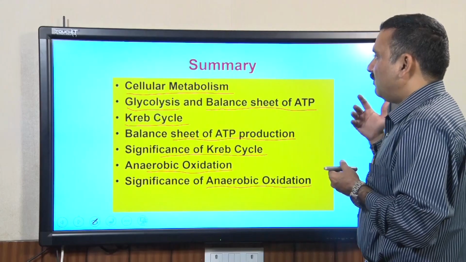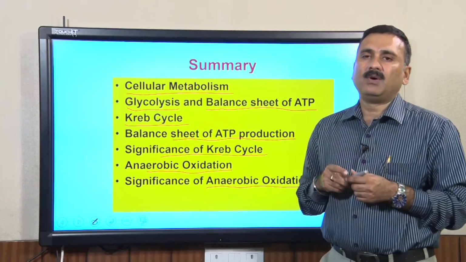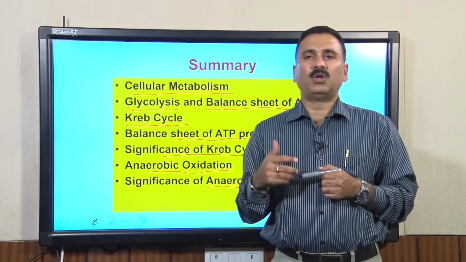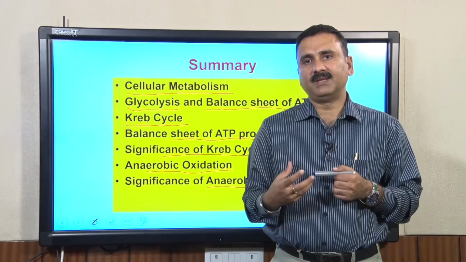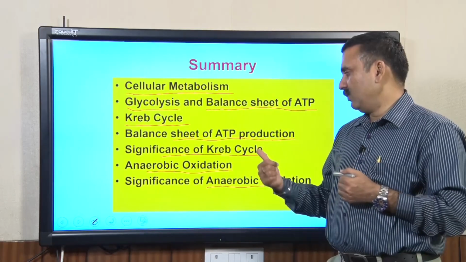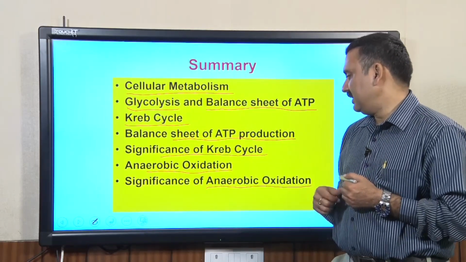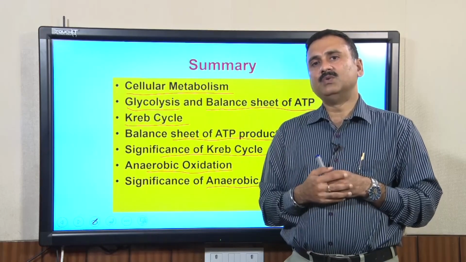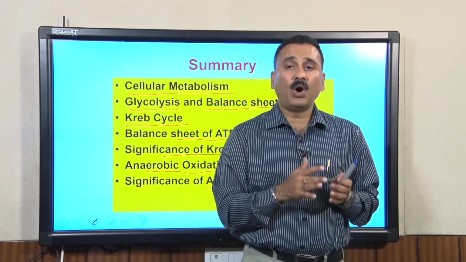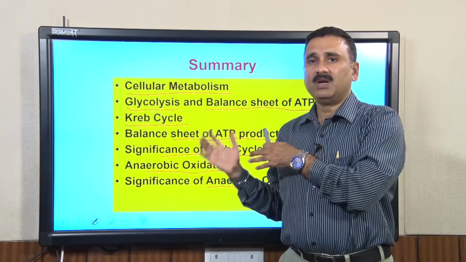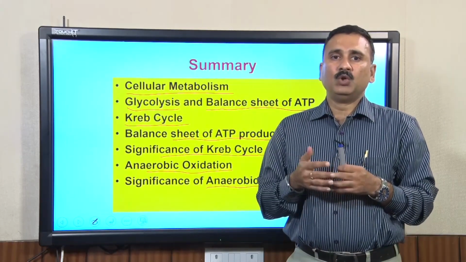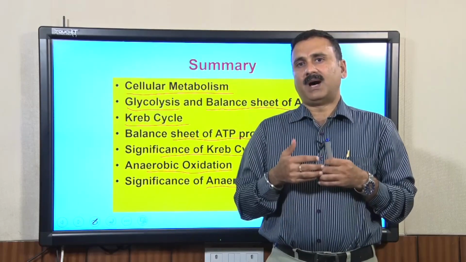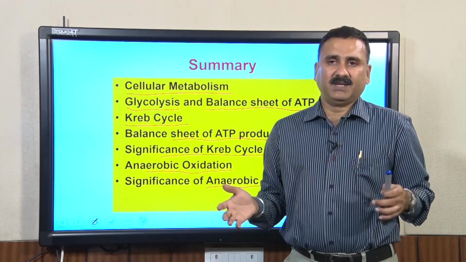So, if you want to carry out biotechnology related processes, and exploit the metabolites produced in anaerobic oxidation or in other kinds of cellular metabolism, you have to grow these organisms in large quantities.